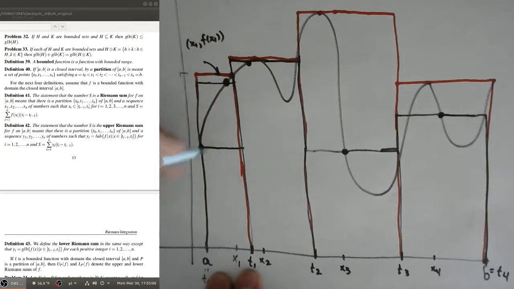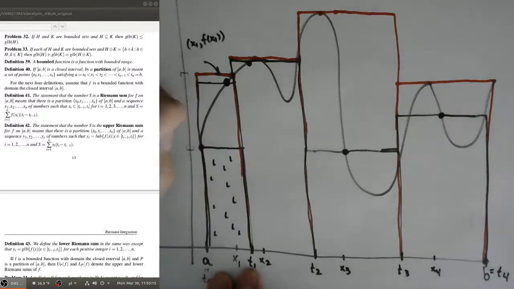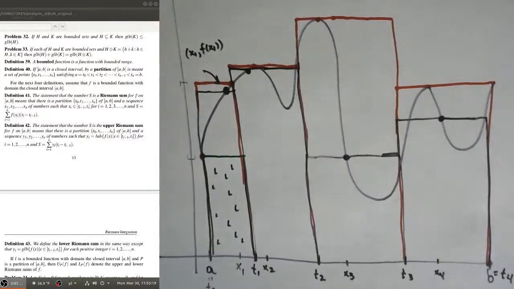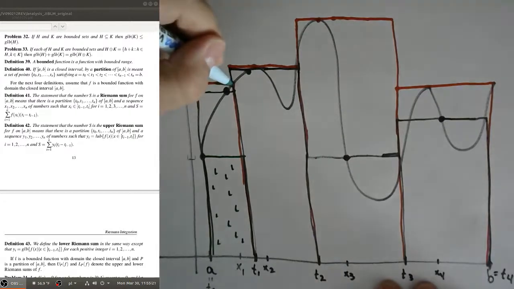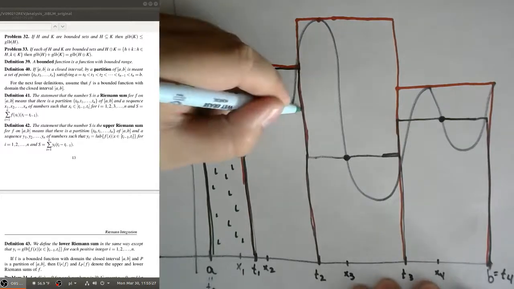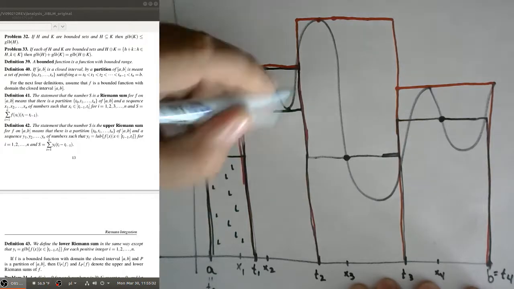So the lower Riemann sum is down here. I'm going to regret putting these L's in here, but that rectangle there is the rectangle for the lower Riemann sum. Now on this interval, this is not the lowest point that the function takes. The lowest point is right here.